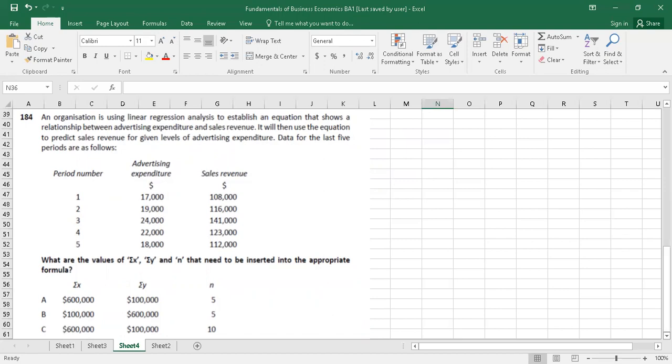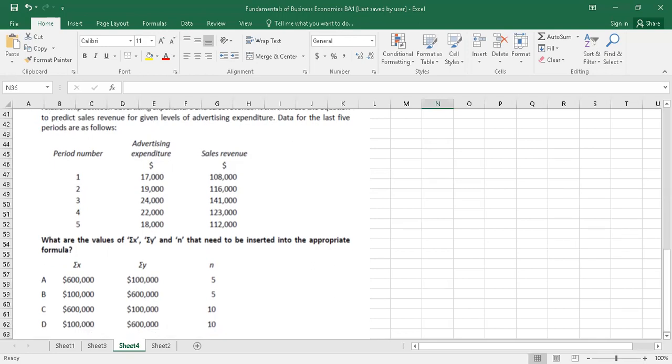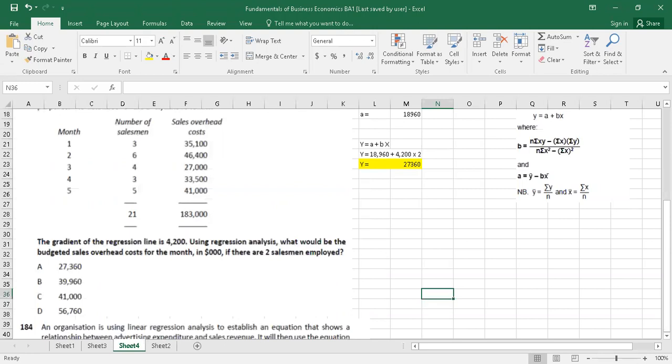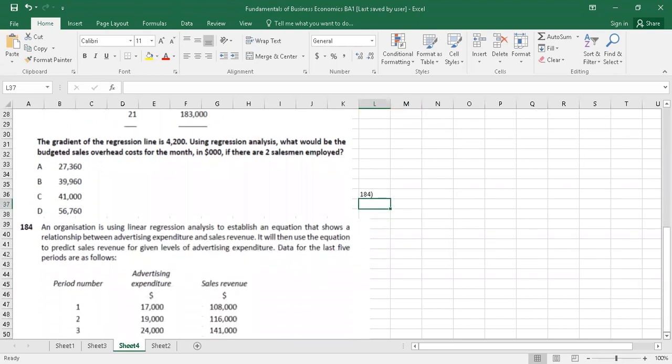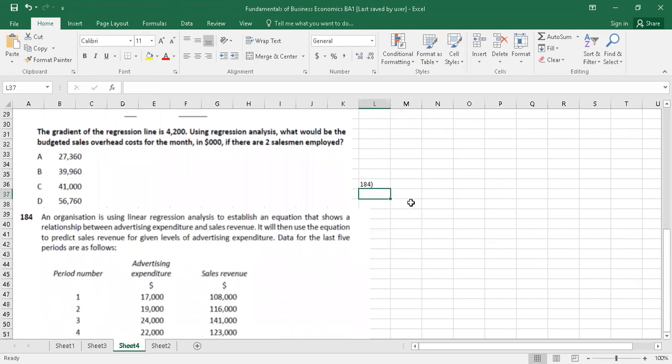What are the values of sigma x, sigma y, and n that need to be inserted into the appropriate formula? We need to calculate, add them up. I will write it here so that we can easily do the calculation. For 184, we have a period number: 1, 2, 3, 4, 5.